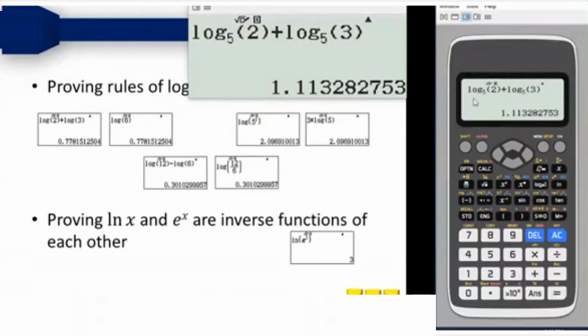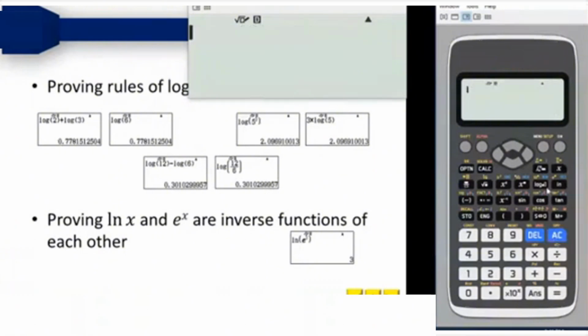As per the rules of log, when two log functions with the same base, here the base is 5, are added together, it is the same as multiplying the powers. So let me prove that to you. 2 multiplied by 3 is 6.